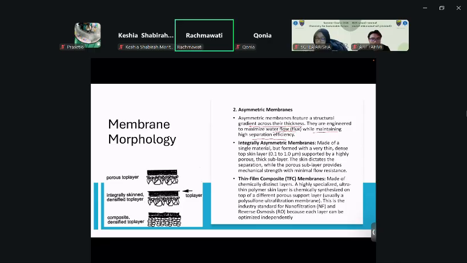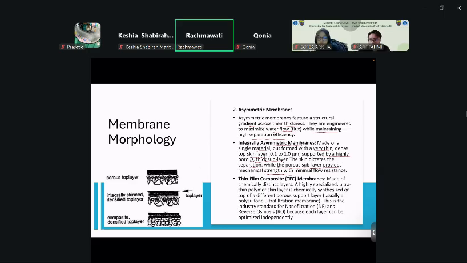The type that is integrally asymmetric is made of a single material but formed with a very thin, dense top skin layer with a size of, let's say, 0.1 to 1 micrometer, supported by a highly porous thick sublayer. So we have two layers. The skin dictates the separation, while the porous sublayer provides mechanical strength with minimal flow resistance.